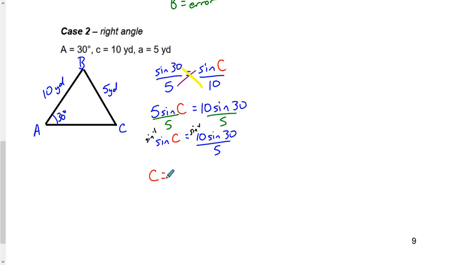And C. I just have to double check. C should come out as a 90-degree angle. I'm just going to type that in my calculator just to double check. Yeah, comes out as a 90-degree angle, which means we're actually working with a situation that looks more like this.